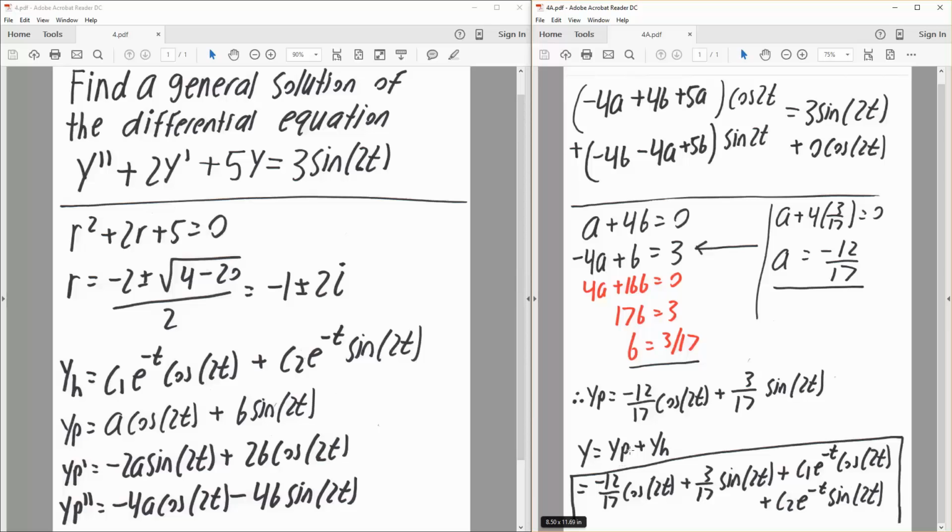So our yp is negative 12 over 17 cosine 2t plus 3 over 17 sine 2t, plus yh, this line right here. That's going to be c1 e raised to negative t cosine 2t plus c2 e raised to negative t sine 2t. And this right here is our final solution. And that's all we need to do.